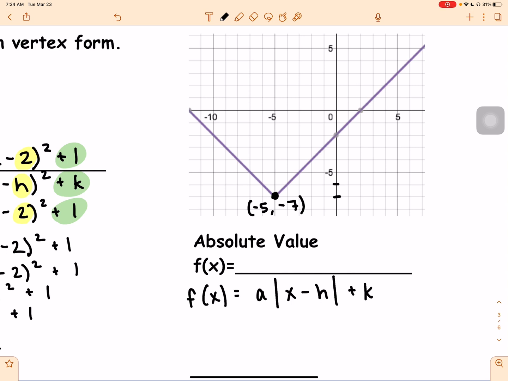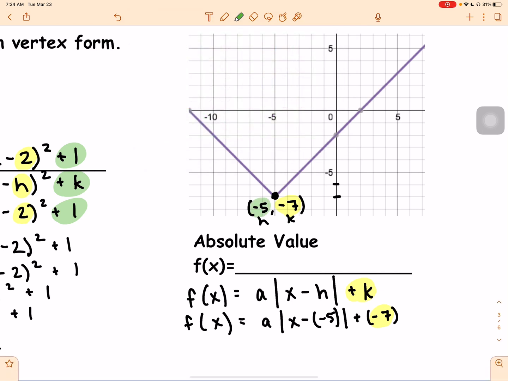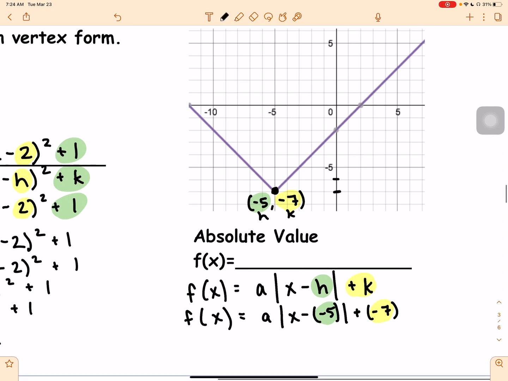So this is the h, this is the k. So this is going to be f of x equals a, absolute value, x minus negative 5, plus negative 7. I'm showing you this to show how we plug it into the formula, and again why the h becomes the opposite sign of what the h actually is whenever it's in the formula.